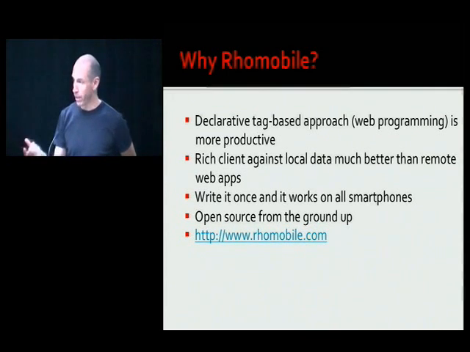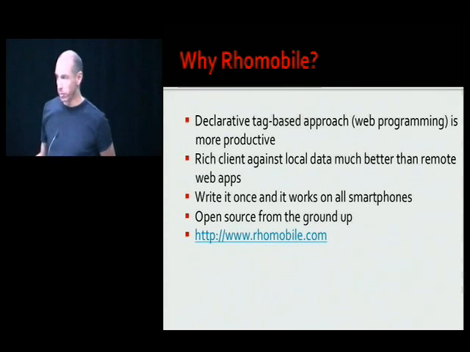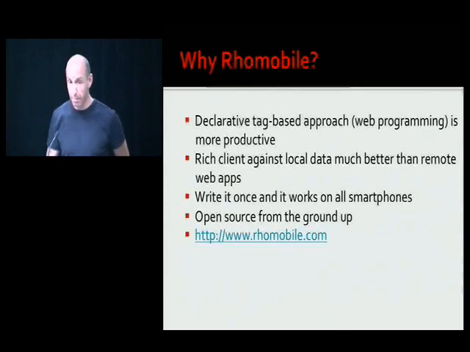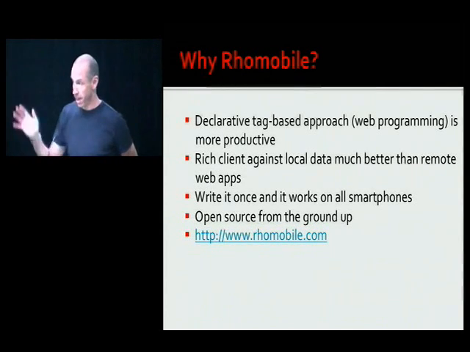Maybe the second part of that question is, are you guys like the mobile Ruby company? No, we're not the mobile Ruby company. We're the framework company. I'm a big fan of Ruby. I think there'll be native Rubies for all these devices, and I'm more than happy if it doesn't come from us.